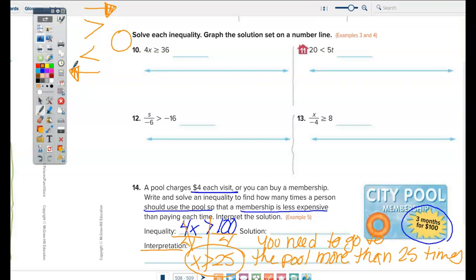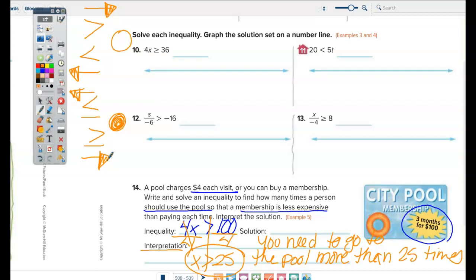If you have less than or equal to or greater than or equal to, since it could equal those numbers, you have a closed dot. And then again, if it's less than, your arrow goes to where the numbers are less than. If it's greater than, your arrows go to where the numbers are greater than.